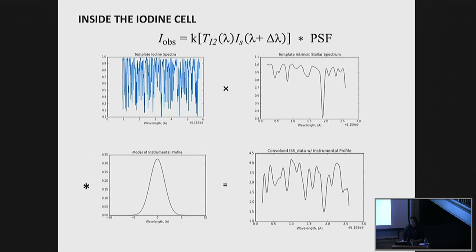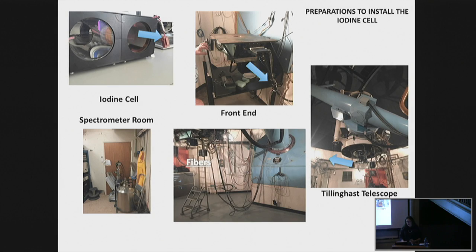Okay, in terms of our preparations for installing the iodine cell, I'm going to run you through a schematic of how this whole optical setup looks in the actual telescope. We have an iodine cell, and notice that it has two different chambers. The chamber on the right, where you'll see a little bit of yellow, is where the iodine is, and the chamber on the left is an empty chamber, which will be important later on.